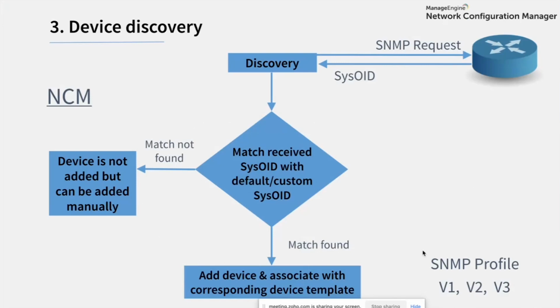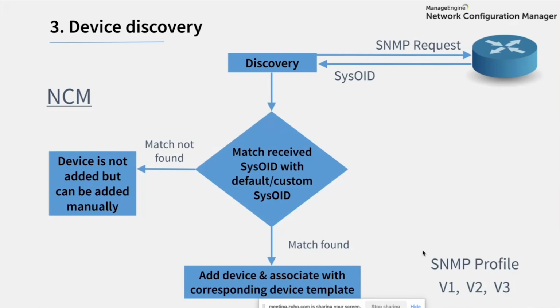So let me tell you the concept behind device discovery. Generally, what will happen is NCM's discovery engine will send out SNMP requests to all the nearby devices that have SNMP enabled in them. Once these devices receive this request, they will send a sysobject ID in return, which will be received by the discovery engine. Upon receiving the sysobject ID, NCM will try to match the received sysobject ID with a default or a custom sysobject ID.